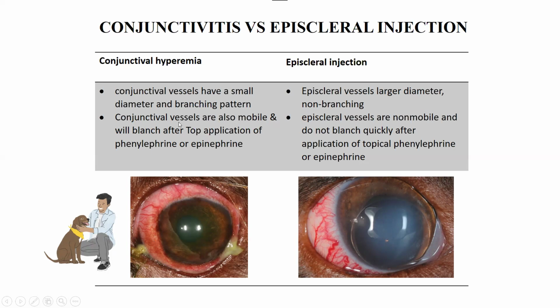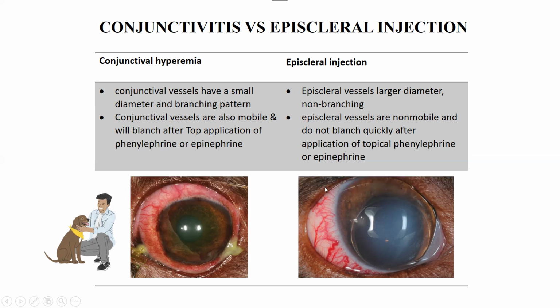Also, conjunctival vessels are mobile and will blanch after topical application of phenylephrine or epinephrine. What does that mean? These vessels are mobile, they can move, and if you apply phenylephrine or epinephrine, these vessels are going to shrink, they are going to blanch.